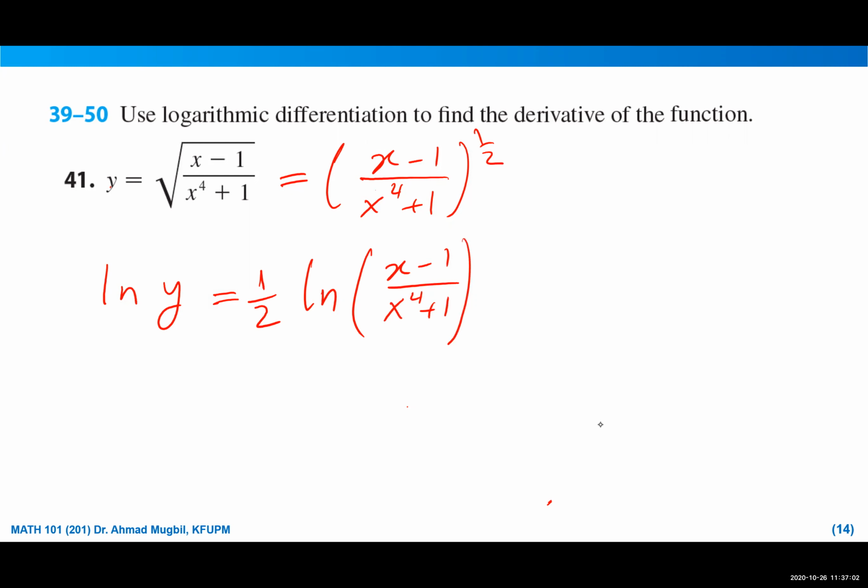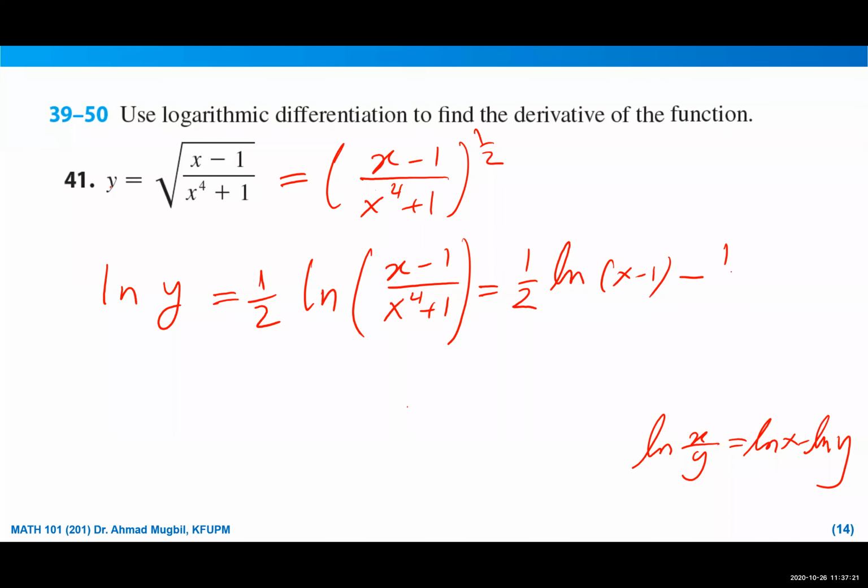And you know also that ln x over y is just ln x minus ln y. So this will be equal to a half ln x minus 1 minus a half of ln x to the power 4 plus 1. Why do you multiply by a half?